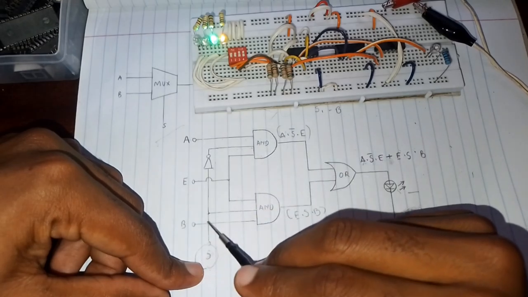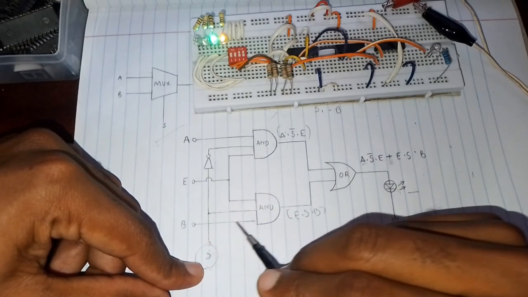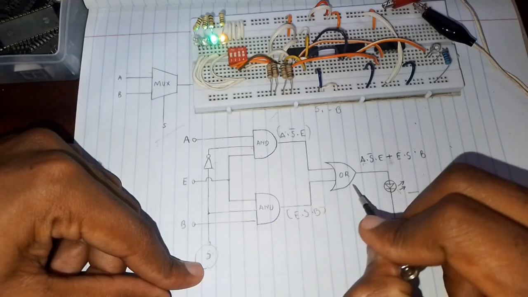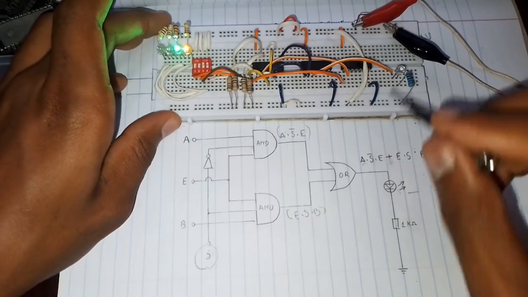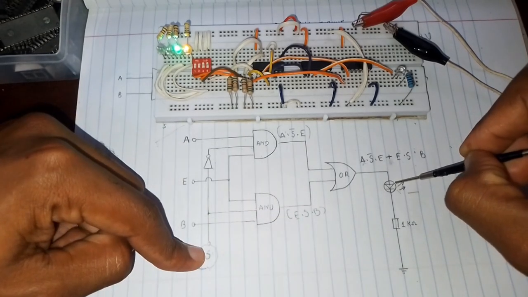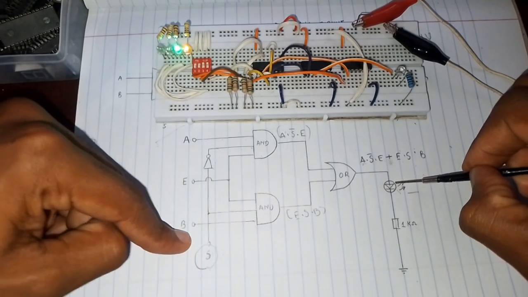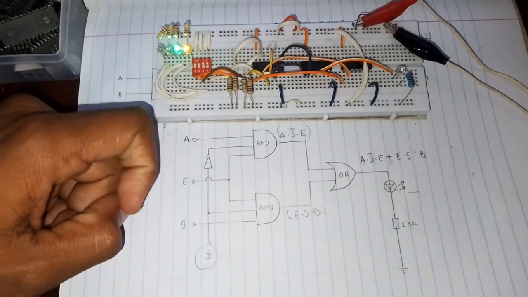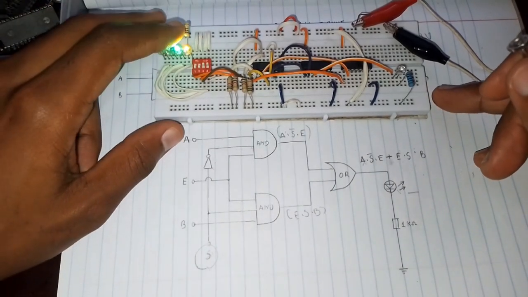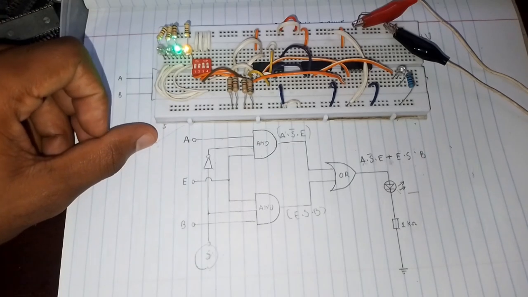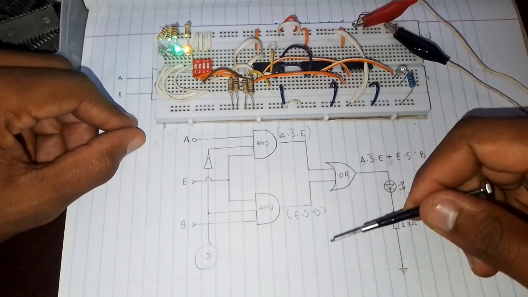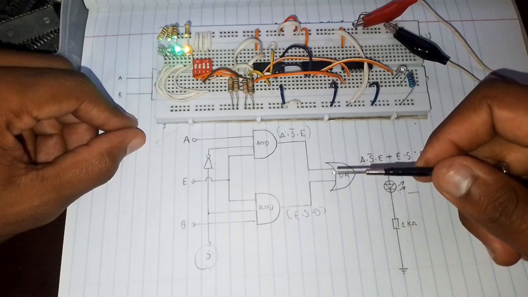Because the B input is off, but the enable is on, it's going to give you a 0, showing us that the one you have selected, which is this AND gate B, is off because B is off. So that's basically what a mux, or a multiplexer circuit, does. It selects between which input you want to choose, and then it outputs that.